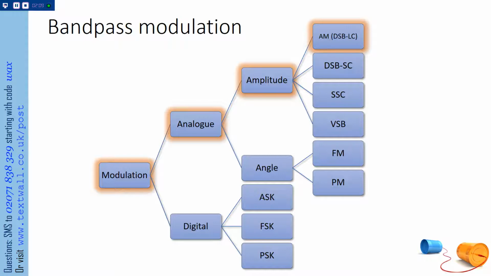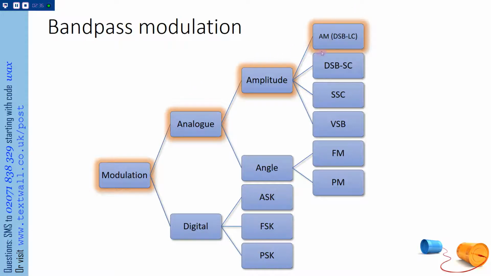But when you simply see the letters AM, if you see that on a radio, or if someone says we're using AM, or sometimes it's called full AM, when you see that, we're referring to DSB-LC, which we're going to cover today. Why is it called DSB-LC? Each of those letters will make sense, hopefully, by the end of today.